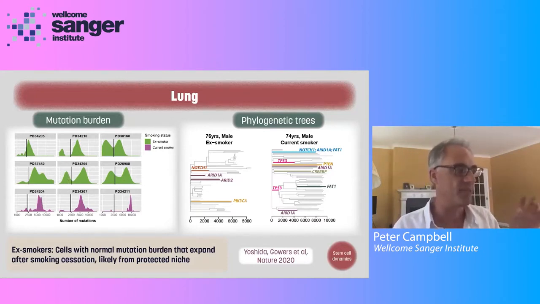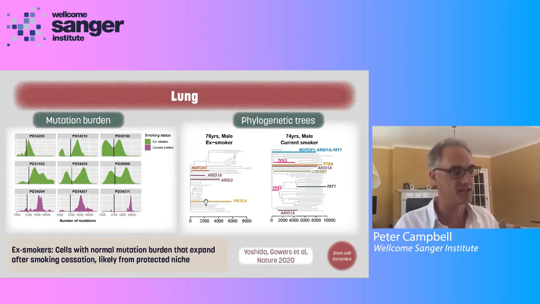And this population of normal cells is polyclonal, as you can see here. This is the population of cells with a normal mutation burden in an ex-smoker. Here are the cells with elevated mutation burden. And you can see this population of cells with normal mutation burden is polyclonal.